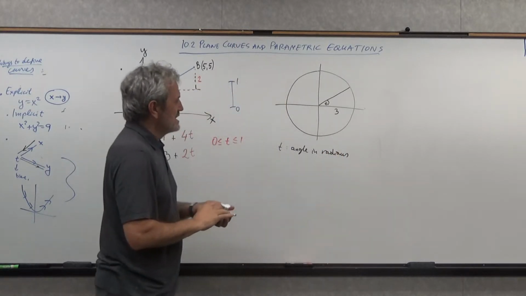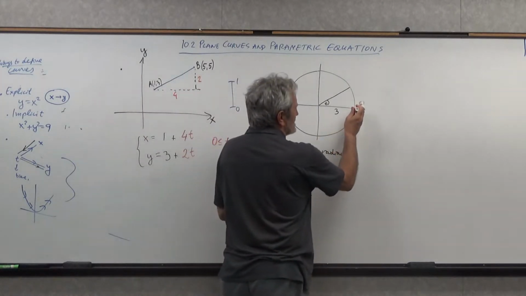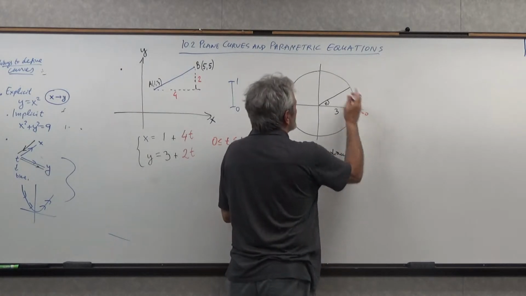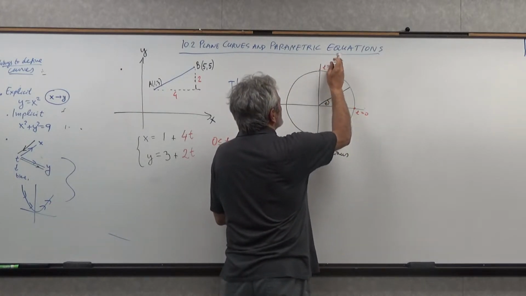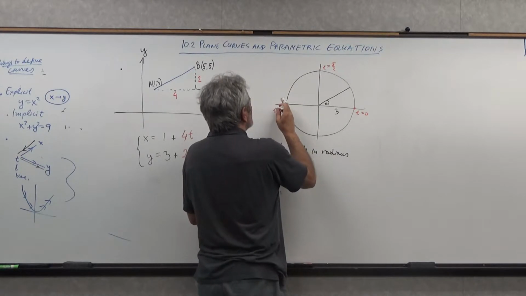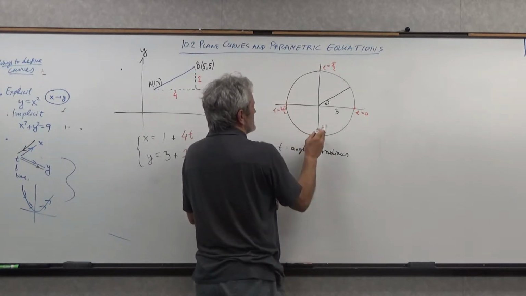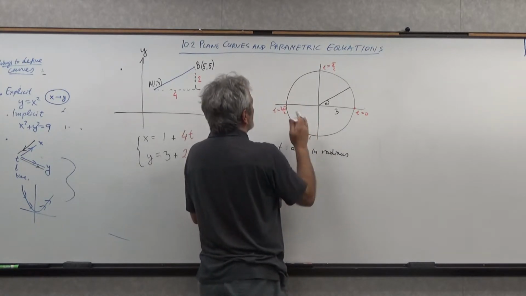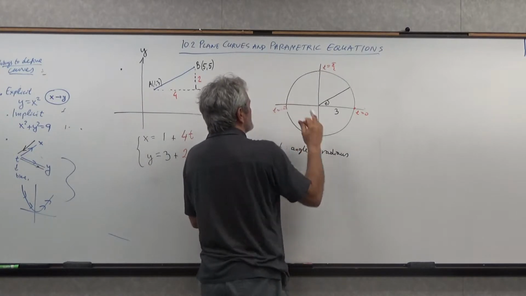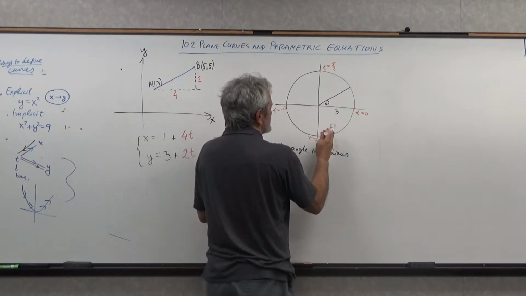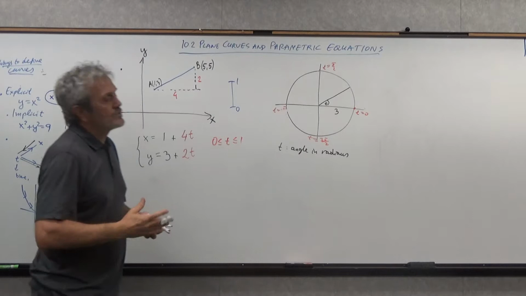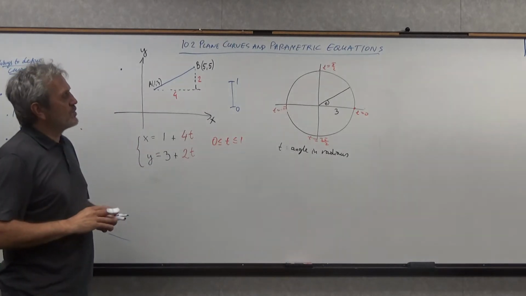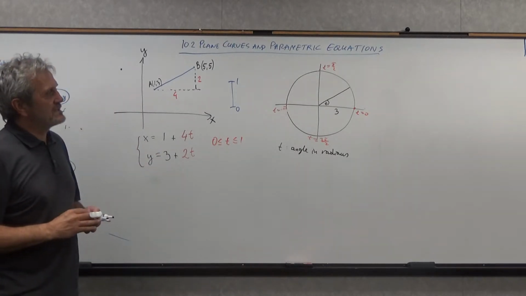That means when t is 0, it will be here. So t is 0 here, t is pi over 2 here, t is pi here, t is 3 pi over 2 here. And then of course we can rotate them more than once. So t is the angle in radians.